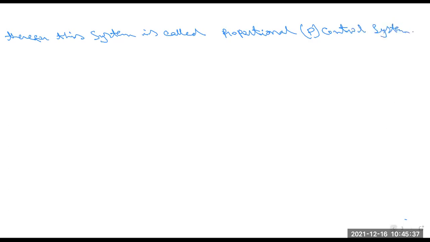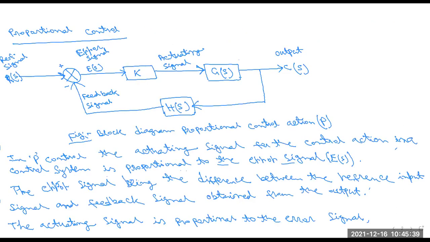Okay, so I just recall them. In this block diagram, three types of signals are involved. The first one is the error signal. In proportional control action, the actuating signal for the control action is proportional to the error signal E(s).